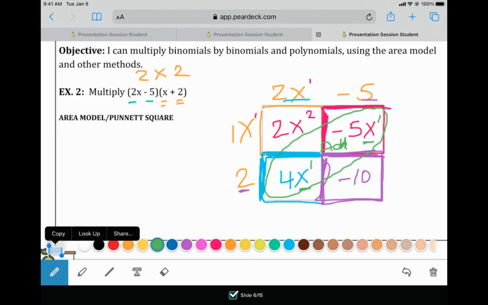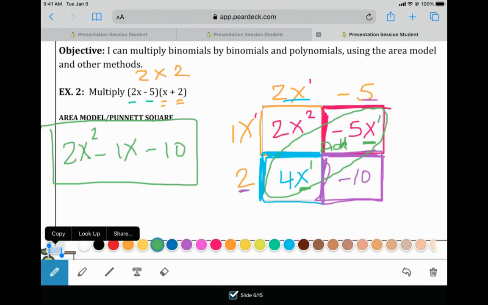So these two are alike because they both have x to the first power. The one that is not alike, I just copy what I had, okay? So in here, 4x plus negative 5x gives me negative 1x. And the negative 10 does nothing, so I would leave it. So this is my answer.